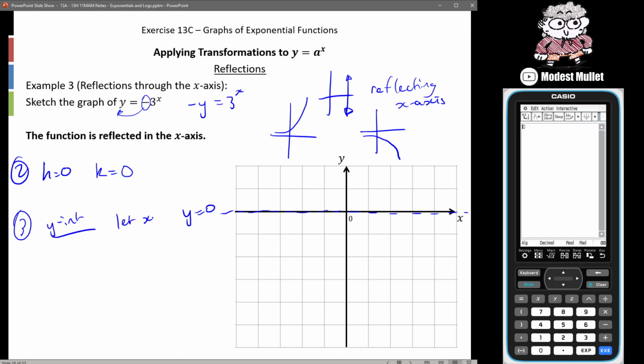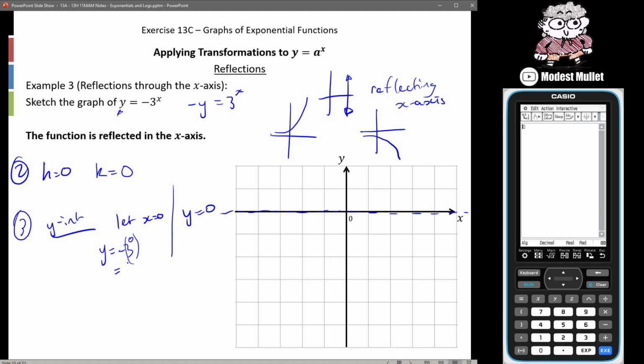But just to prove, find our y-intercept. So we let x equal 0. We're going to get y is equal to negative 3 to the 0, anything to the power of 0. And technically that power is being applied unless there's brackets drawn. If you see this negative 3 to the x, it's technically that.